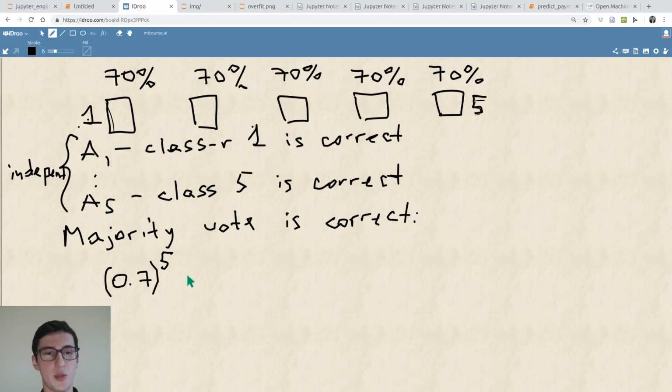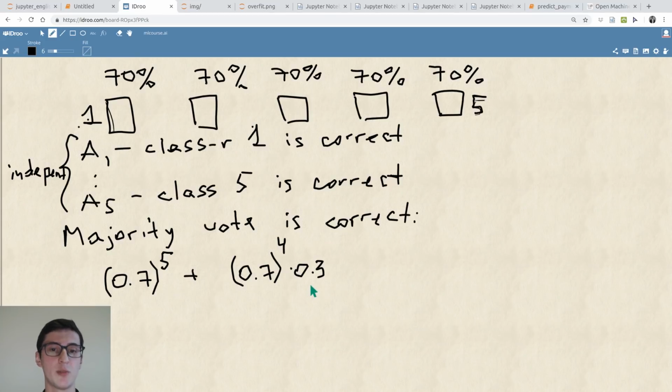Then the majority vote will be correct in the second case, when 4 classifiers are correct, but 1 is incorrect. So 0.3 is the probability of incorrect classification by some algorithm. But we've got 5 variants, so here is a binomial coefficient, 5 choose 1, for 5 variants for some algorithm to be incorrect.